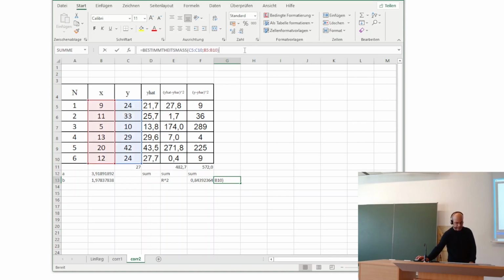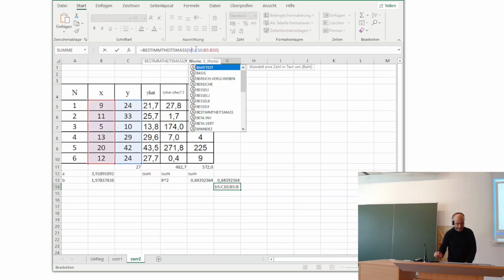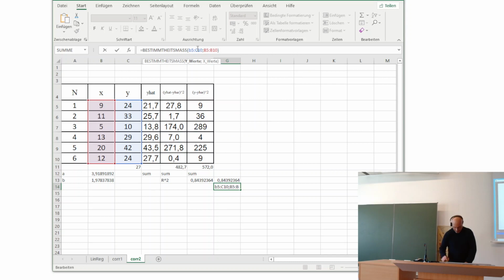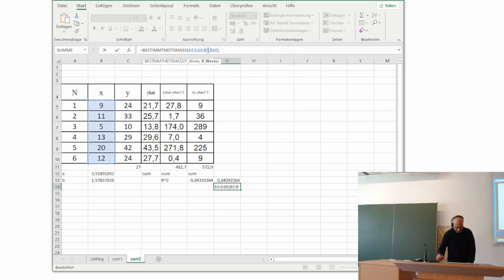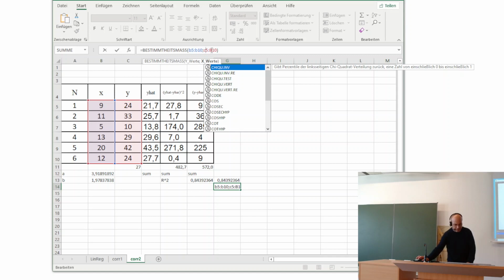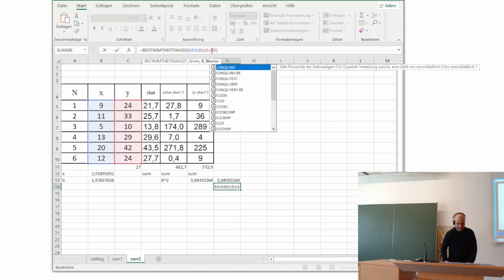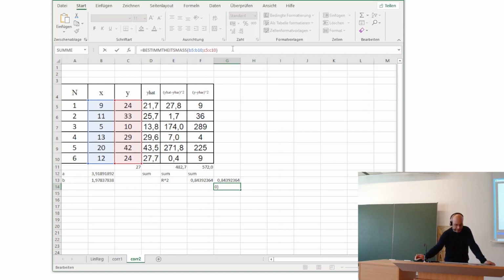So if I take this formula here, and now I exchange the b with the c, and the c with the b, and if I now press enter, what do you think?